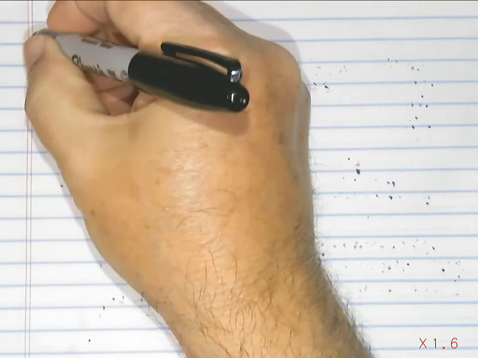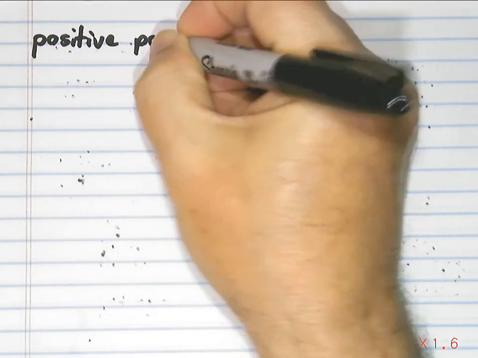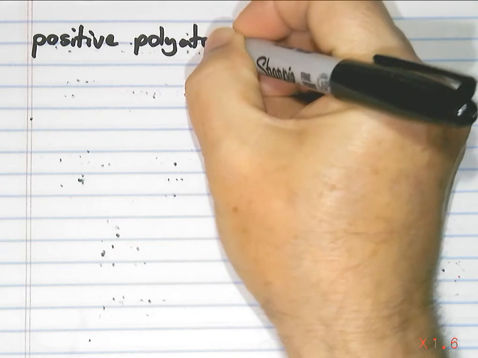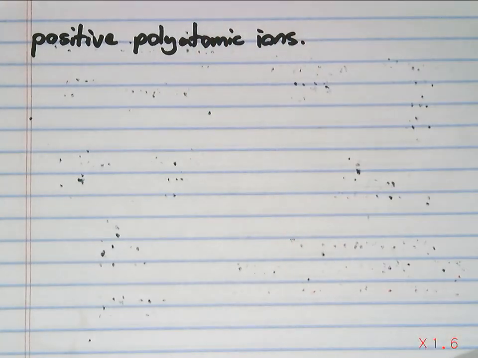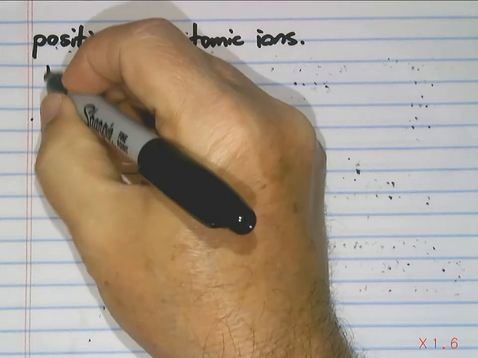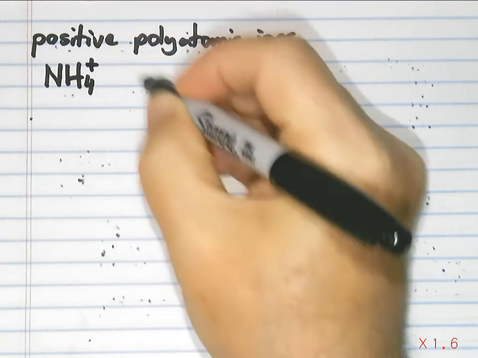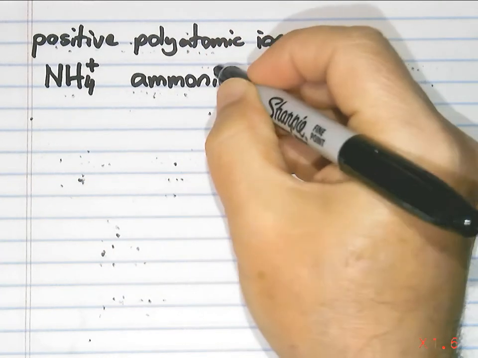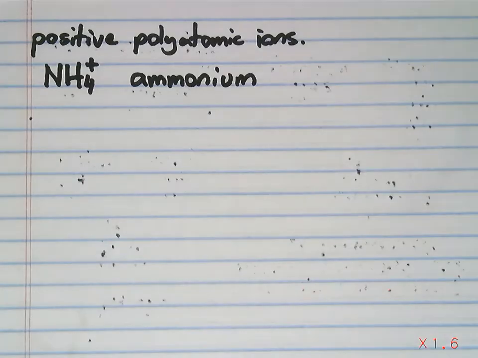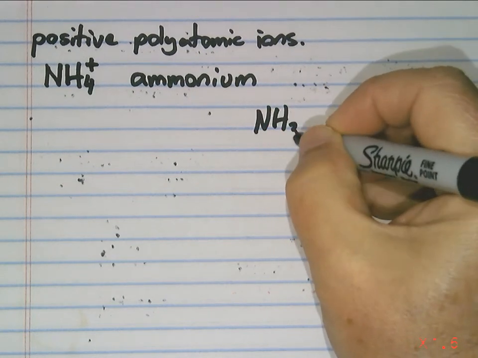There are very few positive polyatomic ions. They're pretty rare. This is a big one. This is the ammonium ion. Now, not to be confused with ammonia. Ammonia is NH3.